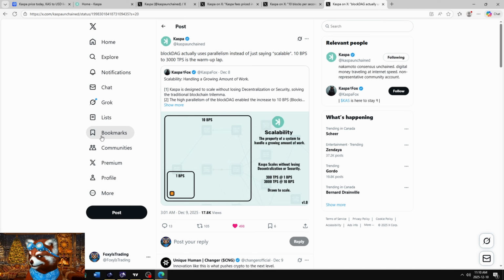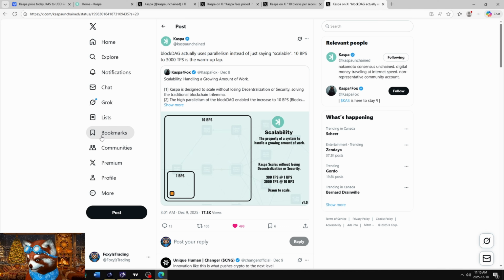So it's not one after the other like a normal blockchain would do. And that is what they would say, quote unquote, is true parallelism. Okay. So because of that, they are able to get that 10 BPS and those 3,000 transactions per second.